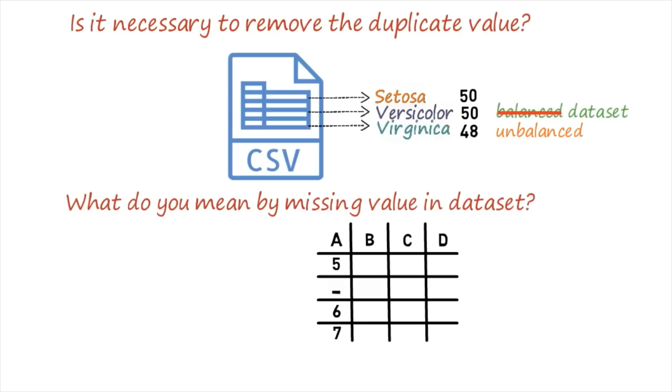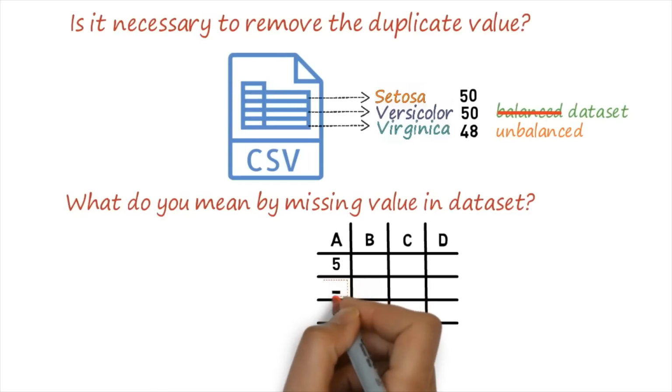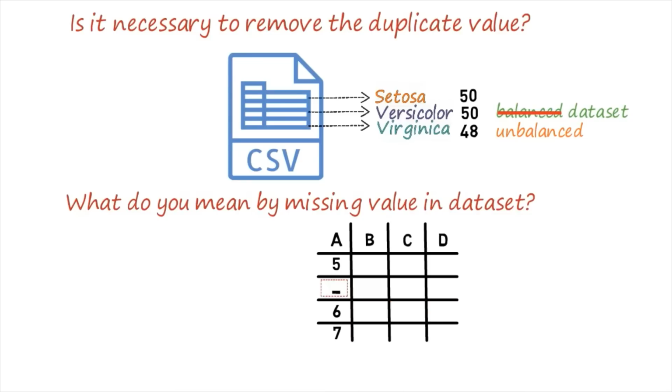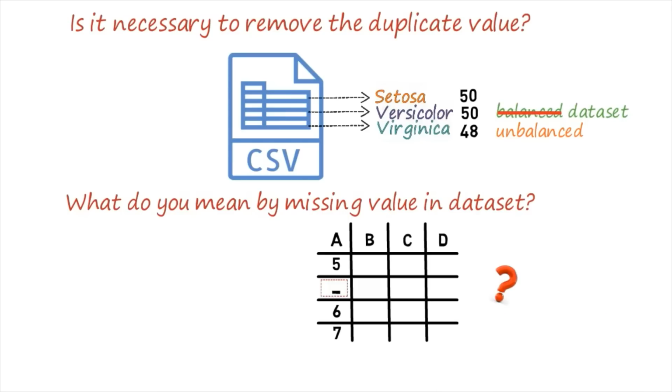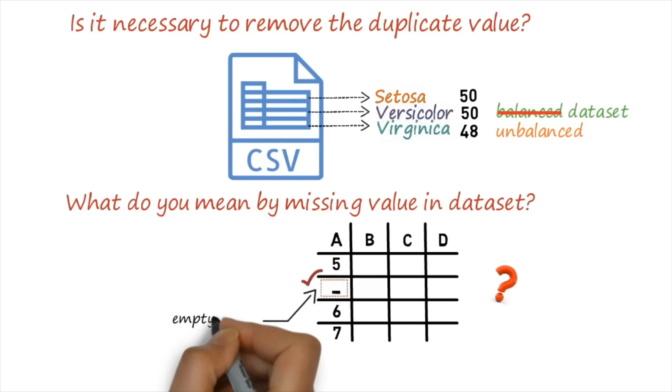Now, if you have this kind of situation in your dataset where some of the cells are vacant, and you try to use the isnull function, as a result you will get nothing. Now the question is why? Because whenever in your dataset you have empty strings, like this, this is known as an empty string, and the isnull function will not be able to deal with empty strings.